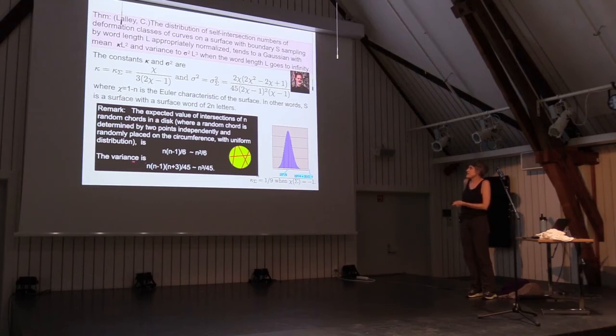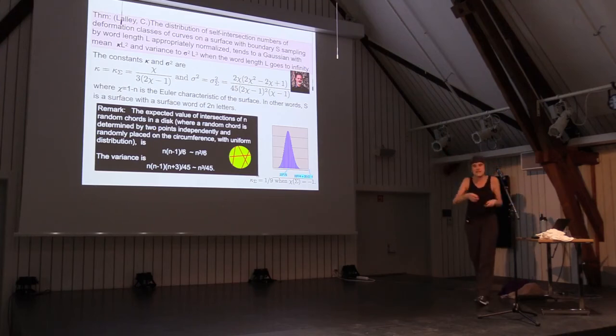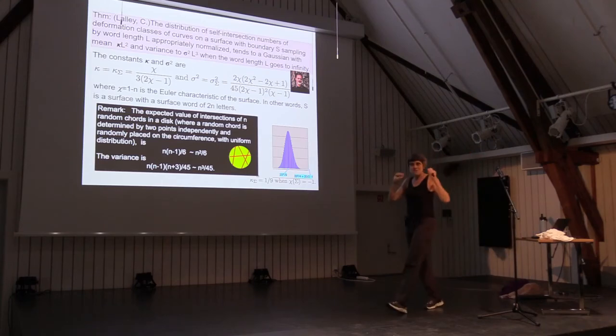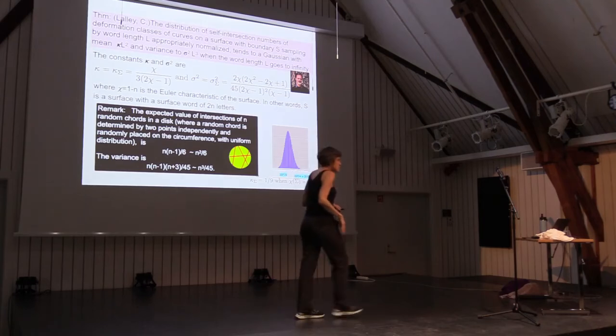But then the variance here is approximately n squared divided by 45, which, again with the Euler characteristic going to minus infinity, is the same. So it behaves like just throwing sticks on a disk in the very limit.